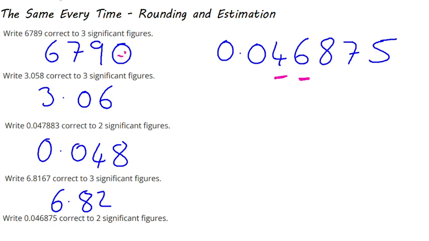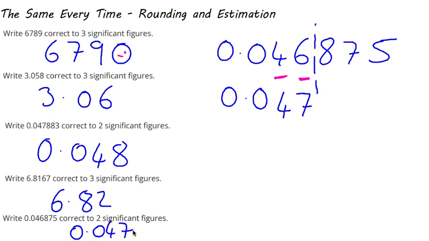So the cutoff point is just there. Look at the next number, that's an 8. Does that tell us to round up or stay the same? That's a round up. So the 6 has to round up to be a 7. Everything else stays the same, and we have to keep the 0 and the point in the same place there so that the number is about the same size. So 0.047.